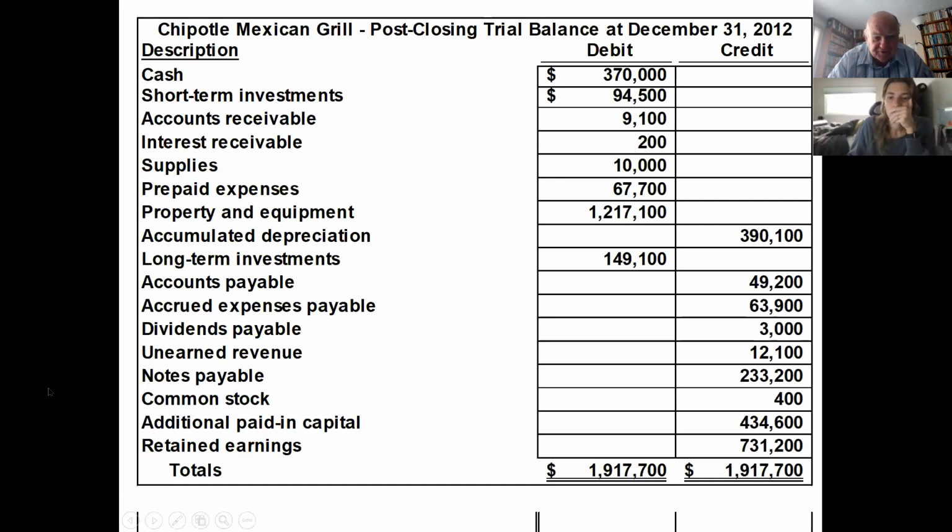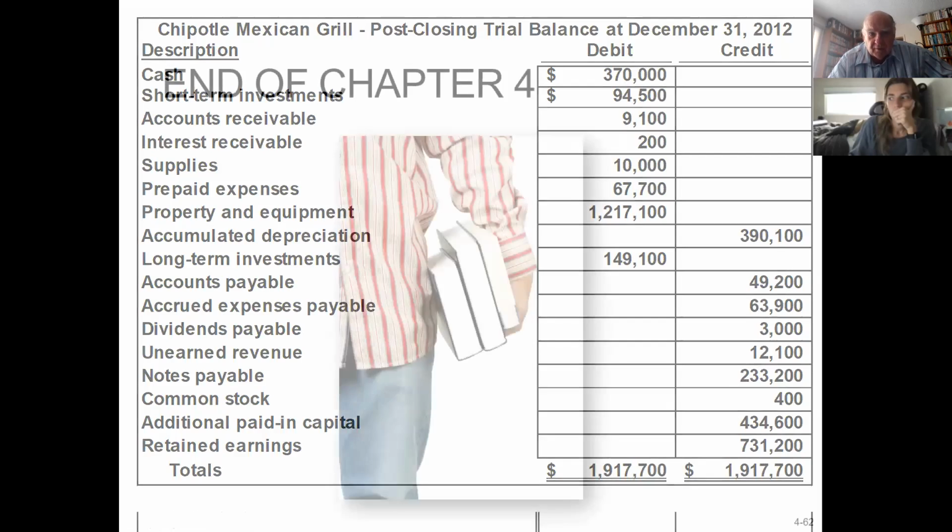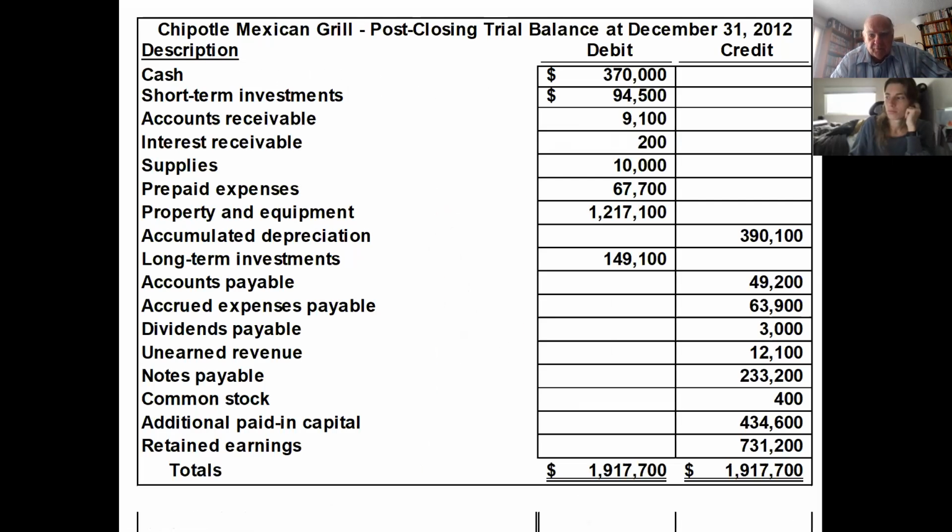That profit of $62,700 has now been rolled up here into the 731,200. And now we have a post-closing trial balance. And that's pretty much the last thing you do in terms of what we used to call the closing cycle. End of chapter 4.